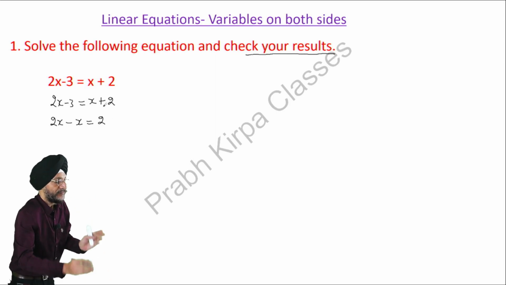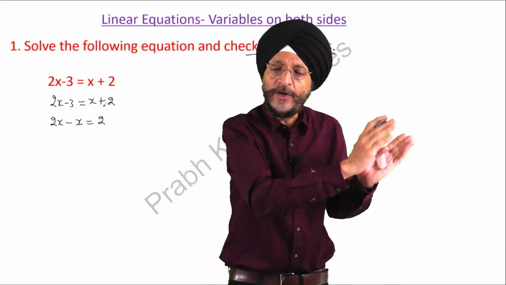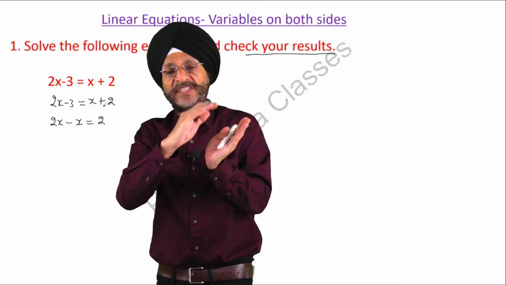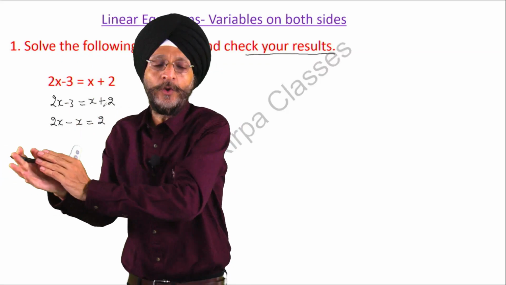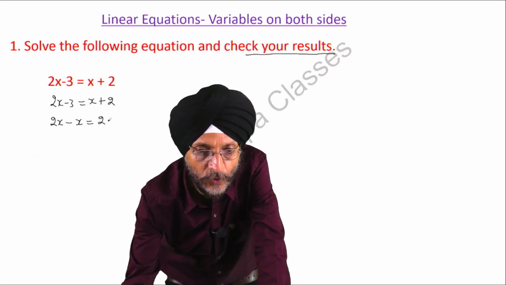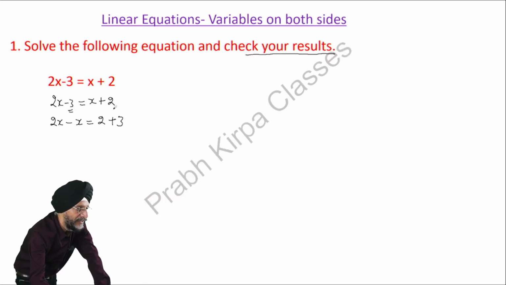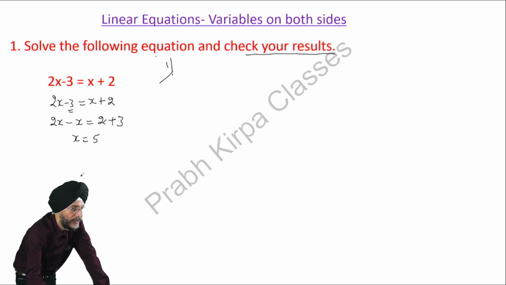That is, the numbers which have variable are taken to one side and the numbers which are without variable are taken to the other side, that is the right hand side. 2 plus 3, because it was negative, and when it comes to the right hand side it becomes positive. So 2x minus x is equal to 5. So this is the first part, that is, the equation has been solved.